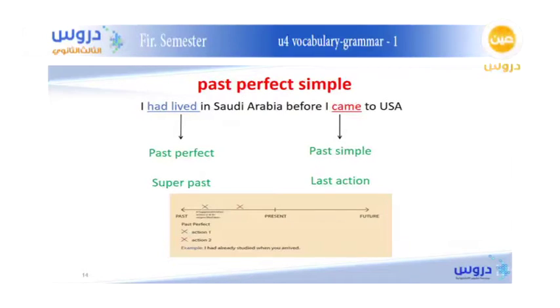I mean, what comes to your mind? And then we are going to see something happened after the past. Okay. Can we say two actions happened in the past? Can we say that? Because we have the first action, I had lived in Saudi Arabia before I came to the US. So both of them are in the past. Is it right?